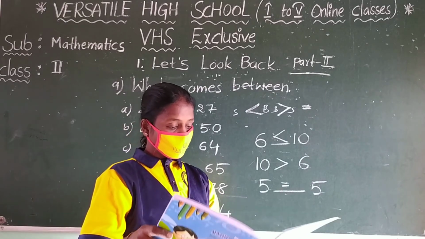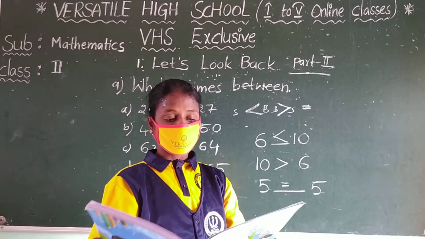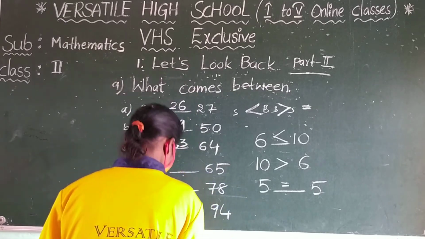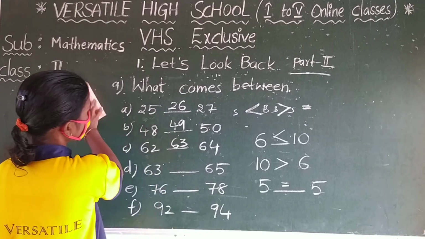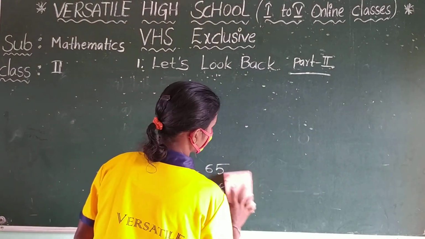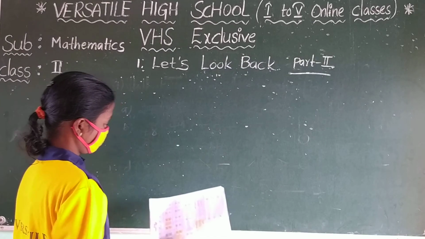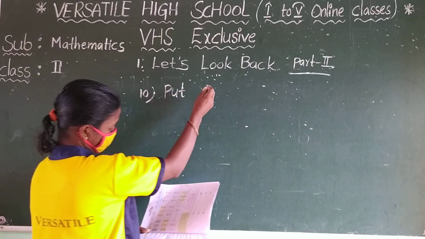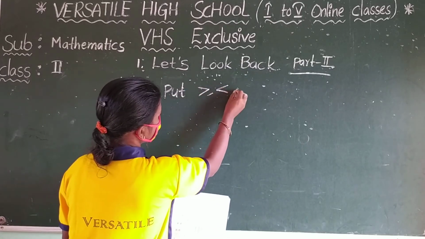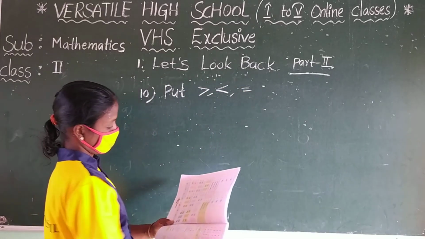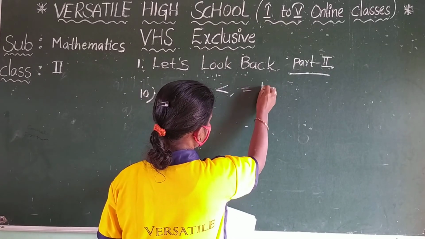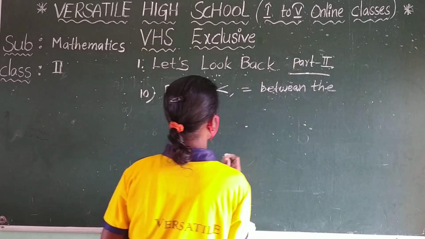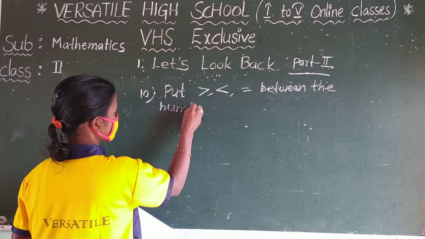So children, in your textbook page number 6, the 10th bit is homework. Once see the 10th bit. Put greater than, less than, equal between the numbers.